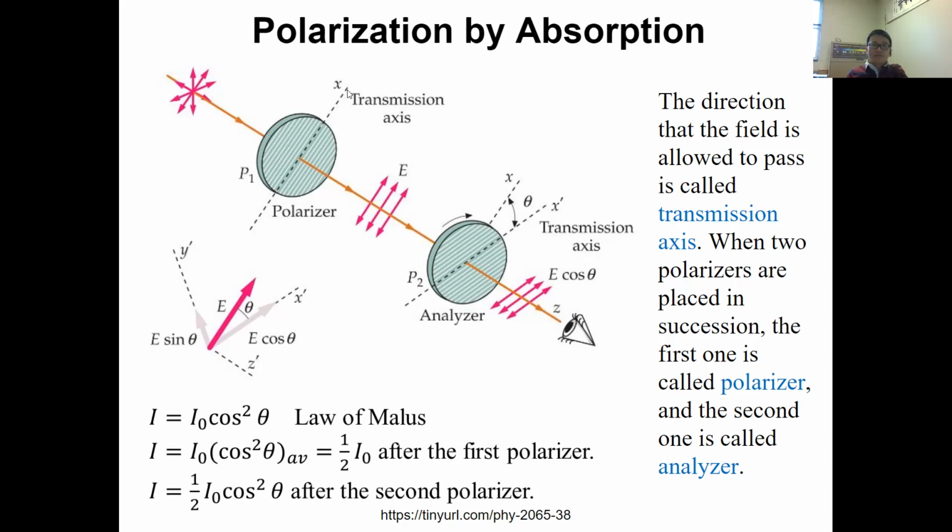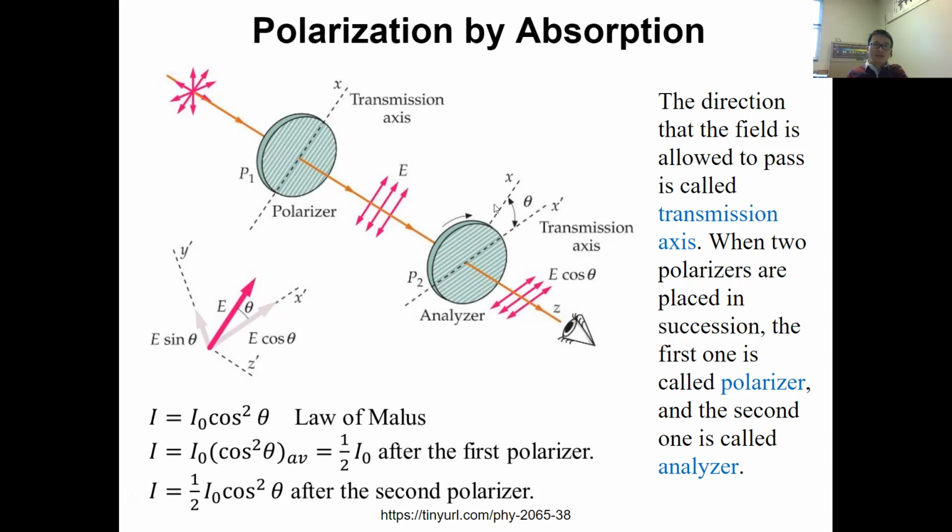So through the first polarizer, you get 1/2 of the initial intensity. Through the second polarizer, you do this again, but now this I naught becomes 1/2. So the intensity that comes out of the second polarizer becomes I equal to 1/2 of I naught cosine squared theta.